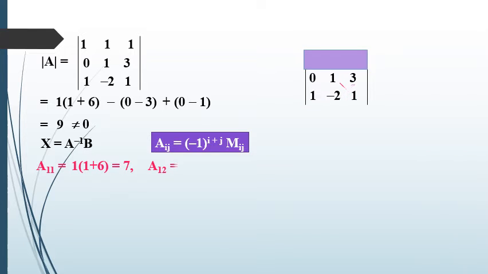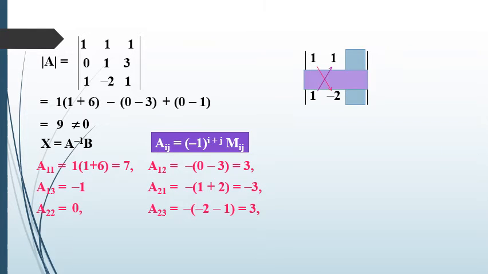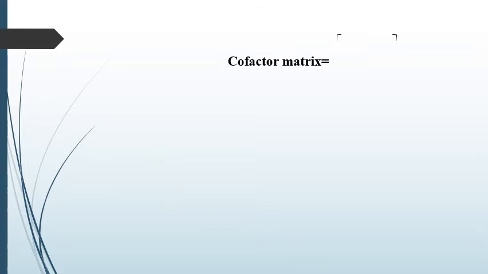A11 will be equal to 7, A12 will be equal to 3, A13 is minus 1, A21 is minus 3, A22 is 0, A23 is 3, A31 is 2, A32 is minus 3 and A33 is equal to 1. So we have obtained the cofactor of each element of matrix A. So the cofactor matrix will be 7, 3, minus 1, minus 3, 0, 3, 2, minus 3 and 1.